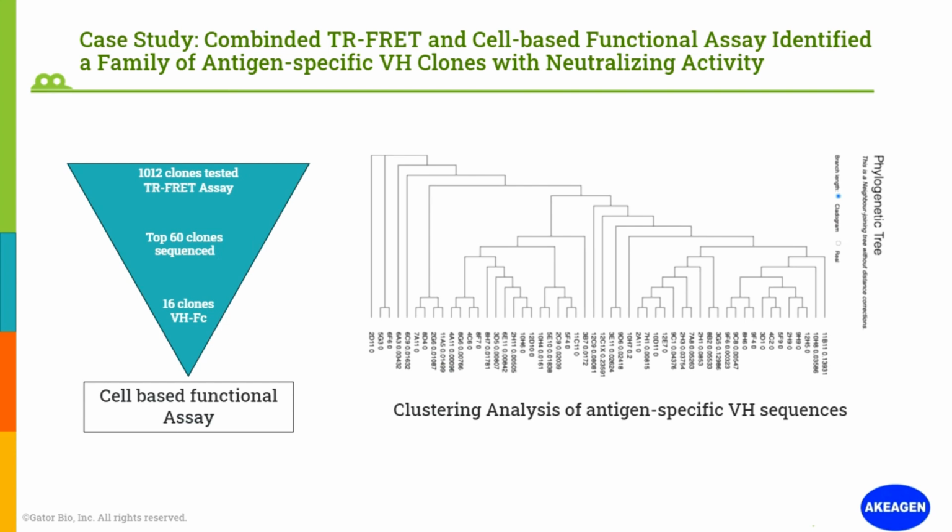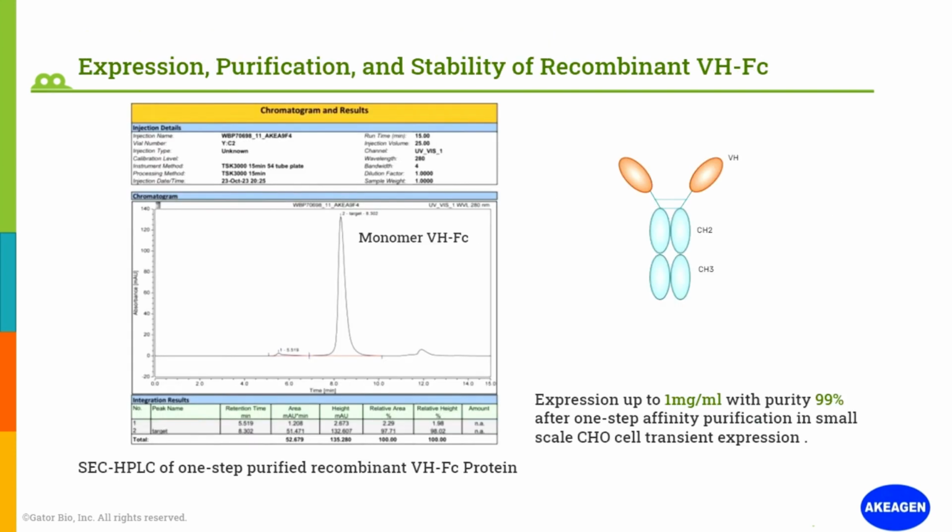The last slide raised the question people will ask: how stable are those mouse VH or mouse single domain antibodies? Actually, we express the VH domains in the format of heavy chain antibody, where we fuse the CH domain with the human Fc region and express them in CHO cells.